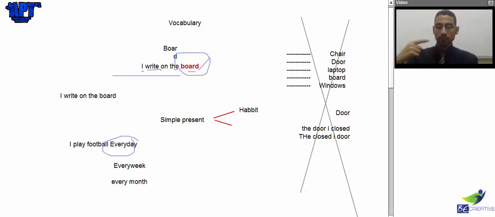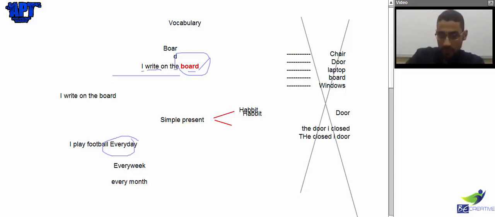Something I do every day. I go to school every day. I go to my job every day. I go to the club every week. I go to the library every week. So that's going to places. I use it with every day.